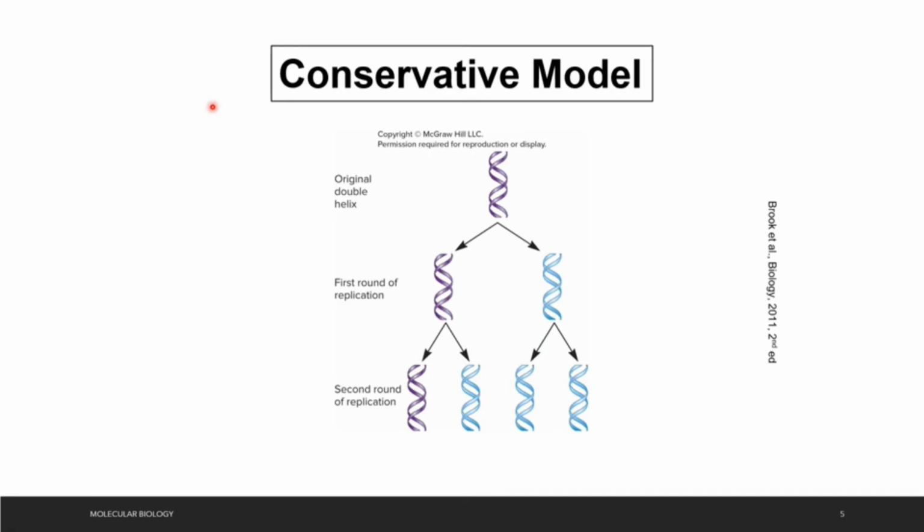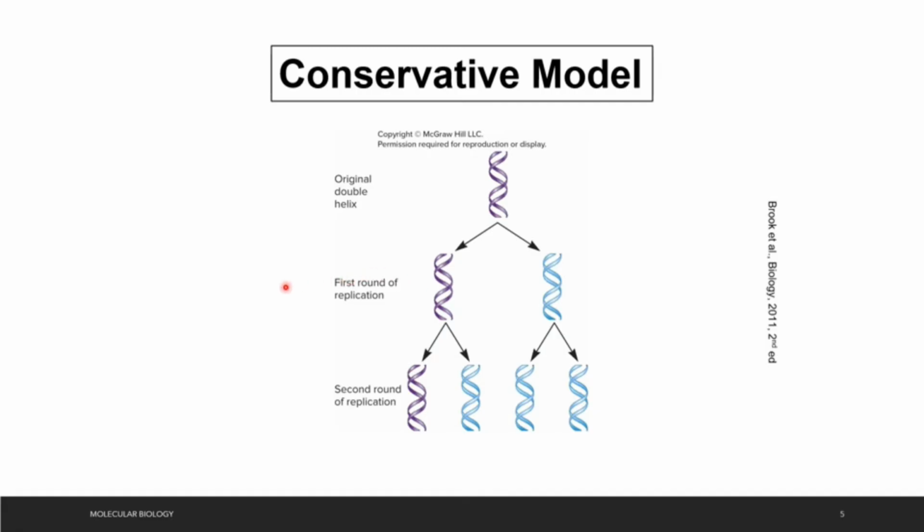People who proposed the conservative model were saying that every round of DNA replication will produce 1 double helix which has both parental strands.